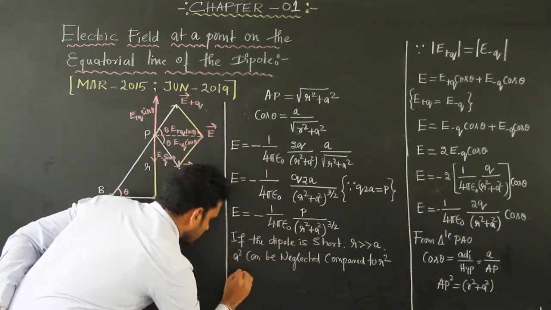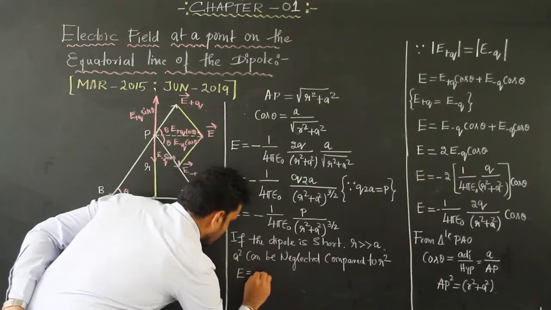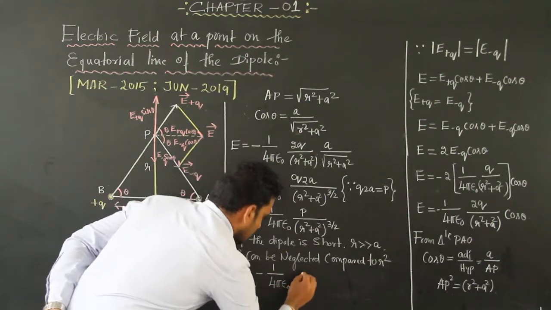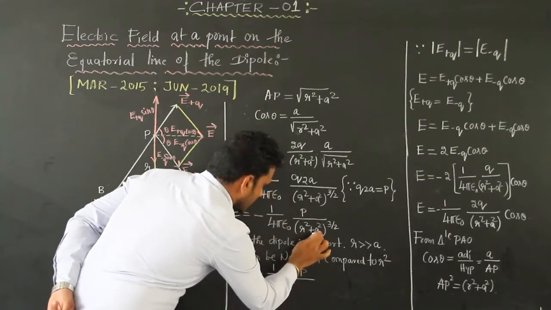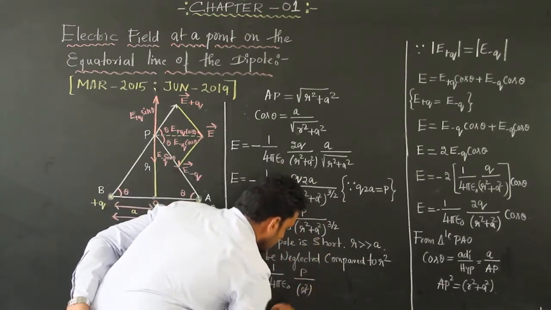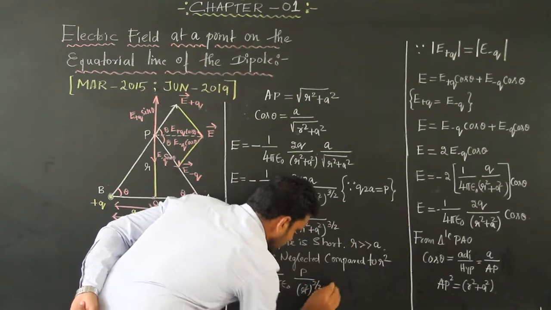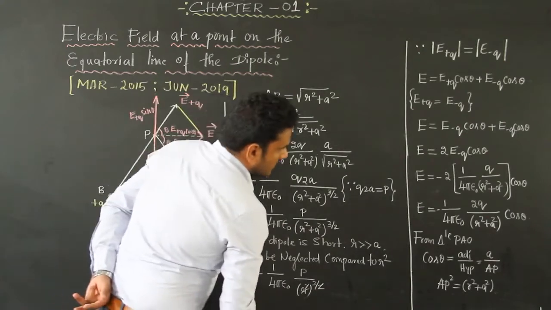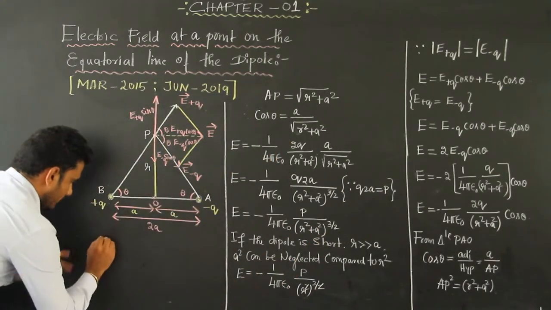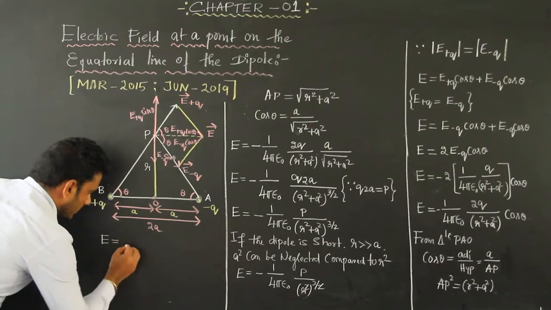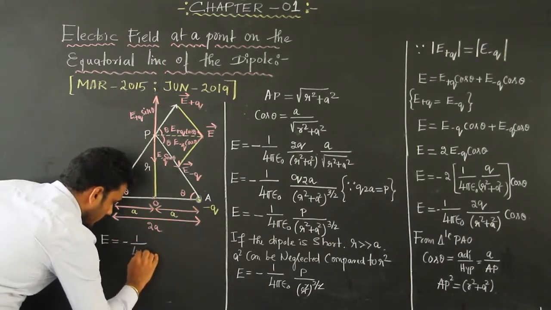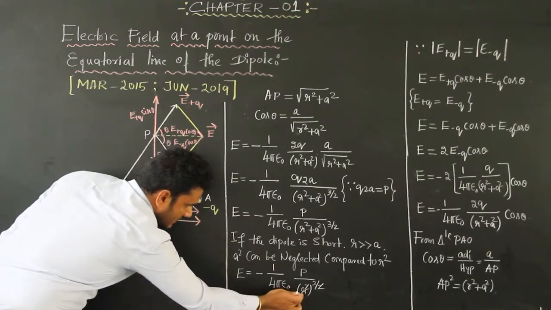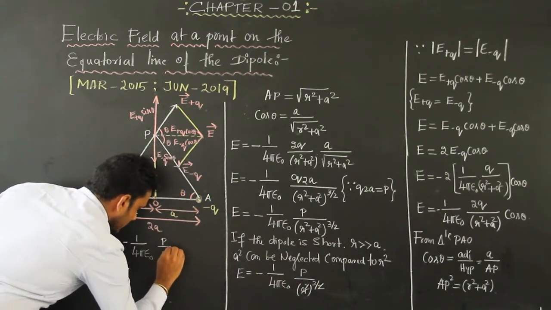What will be the remaining equation we have? Minus 1 over 4 pi epsilon naught P divided by R square to the power of 3 by 2. So 2 gets cancelled. E is equal to minus 1 over 4 pi epsilon naught P divided by R cube.